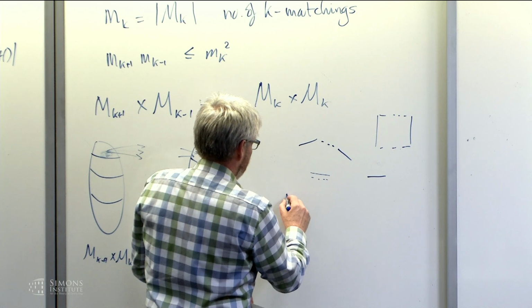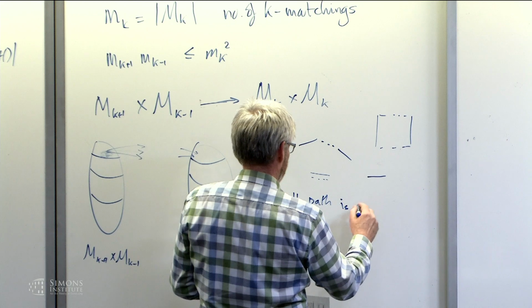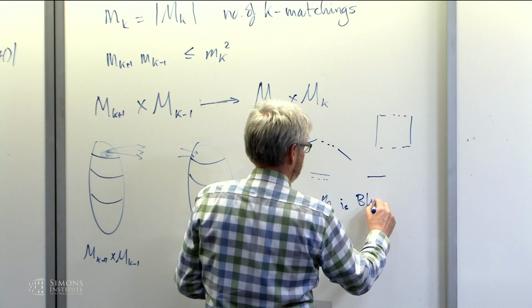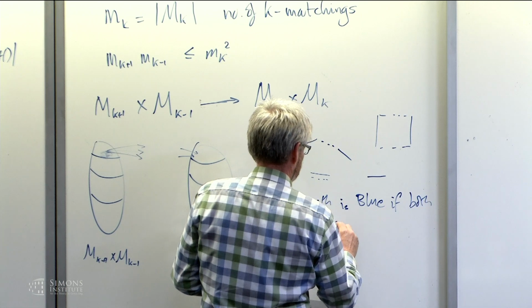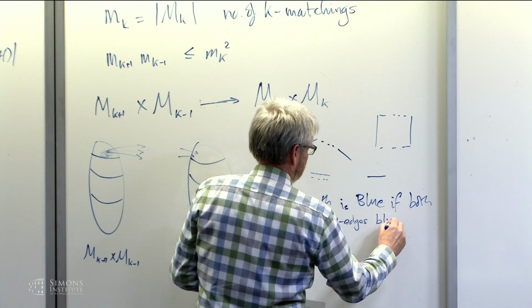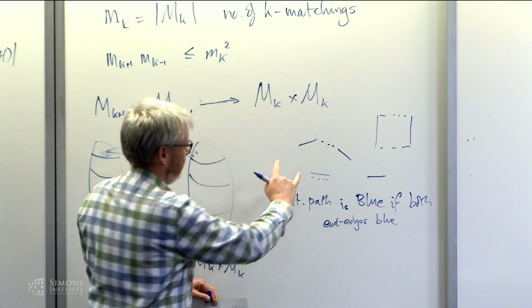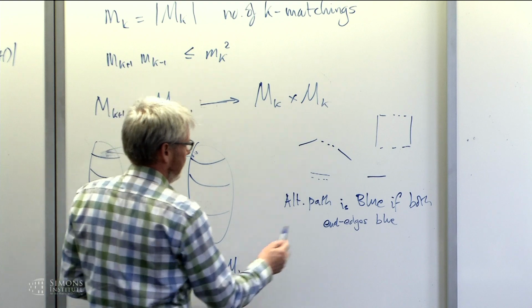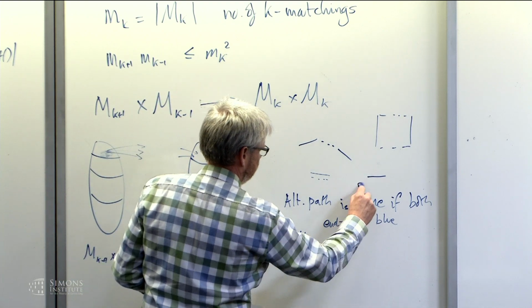So call an alternating path blue if both its end edges are blue. So this is a blue path, because it's odd length and it has one more blue edge than red edge. And we call an alternating path red otherwise.